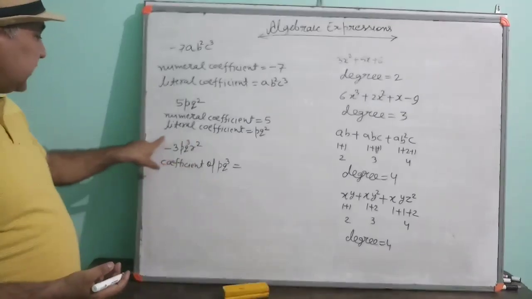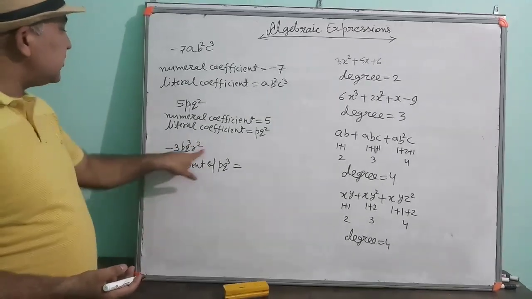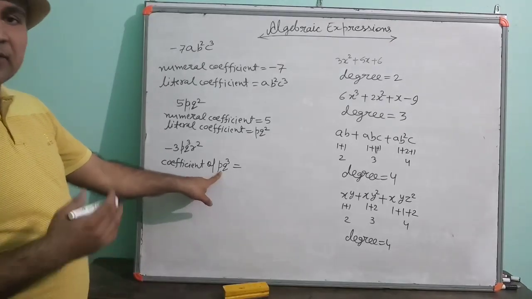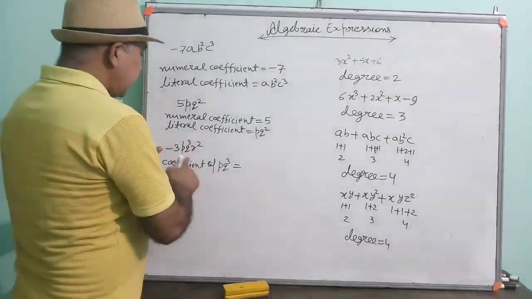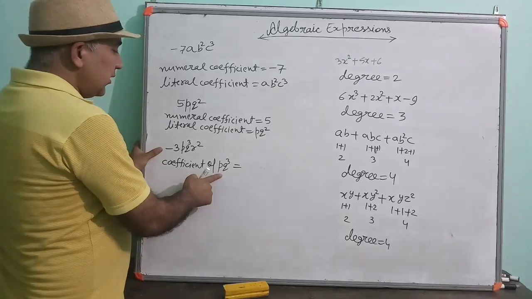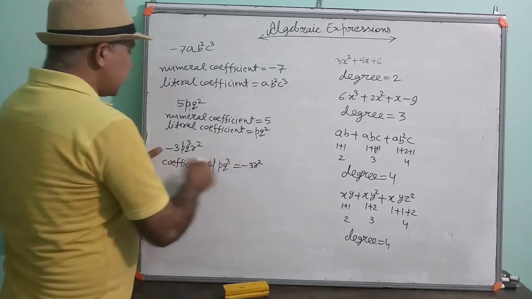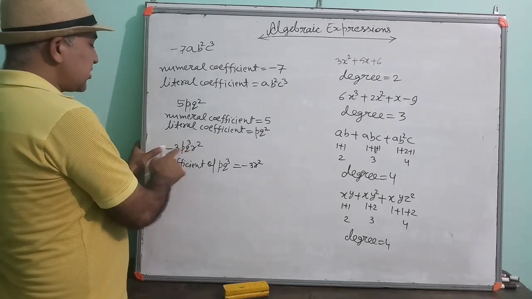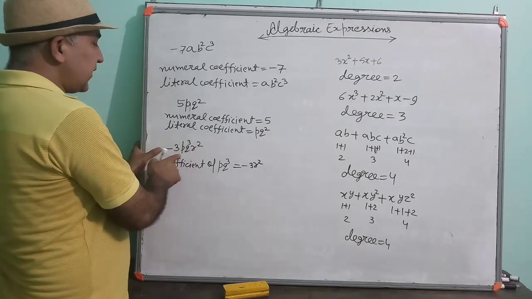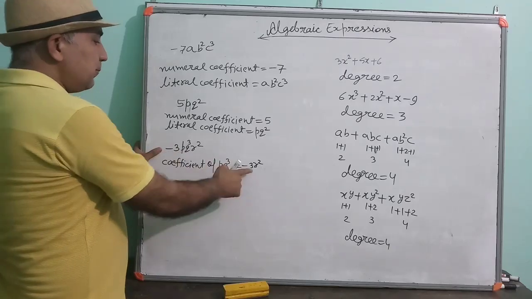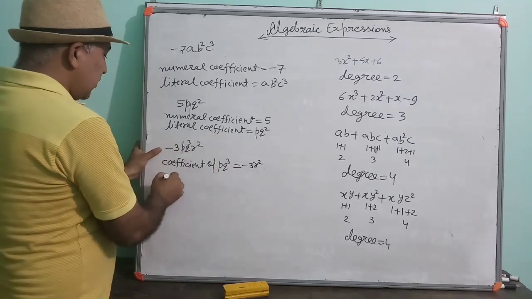That means in the given expression, whatever the things are multiplied are divided by to it, that will be called the coefficient. In the p cube, see here, from the p cube, minus 3 and r square. Minus 3 and r square, these two terms are multiplied with 5 pq cube. So coefficient of this will be minus 3r square.